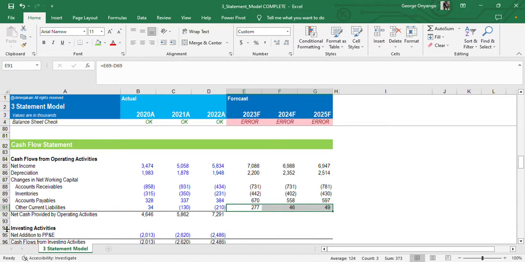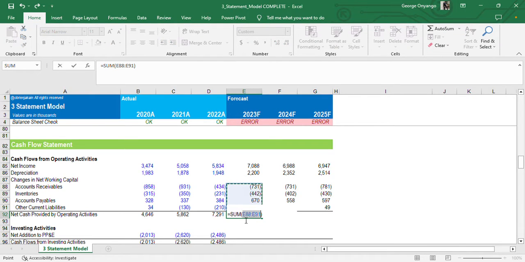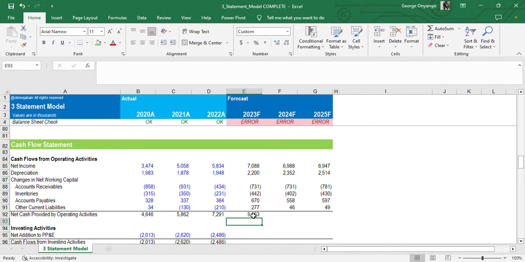So now to get the net cash provided by the operating activities, simply going to get alt equal, and that is going to be E85. Then we fill that right.